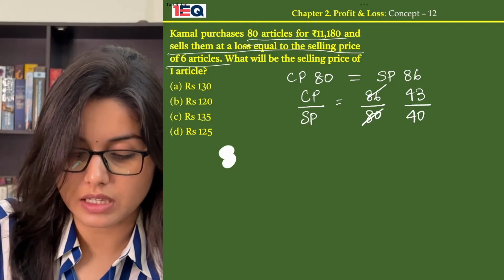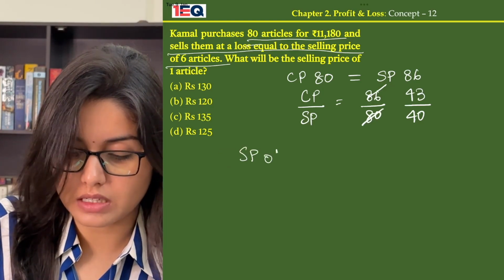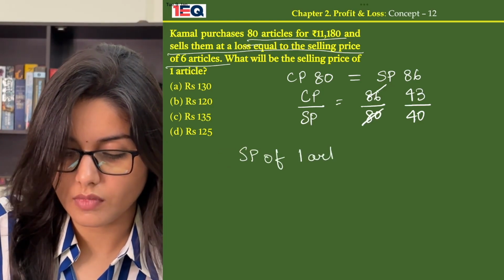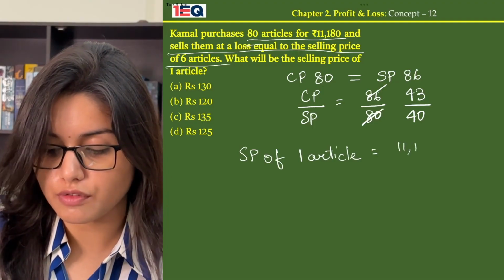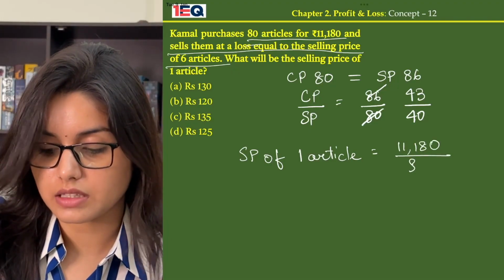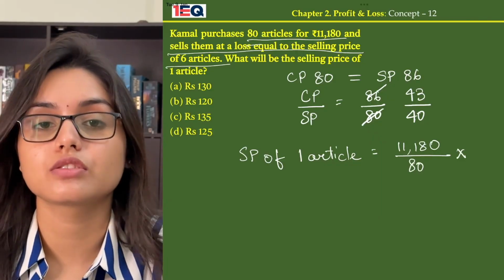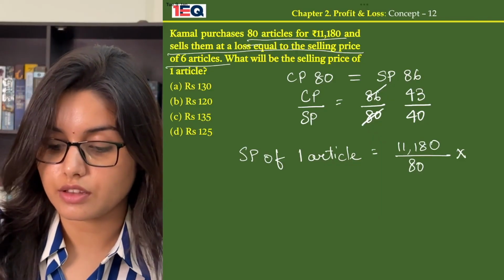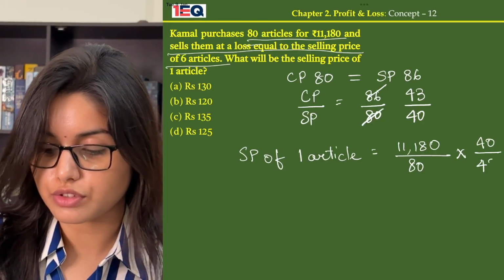So the selling price of one article is equal to the cost price of one article, that is 11,180 divided by 80, into the reciprocal of the CP to SP ratio, that is the reciprocal will be 40 by 43.